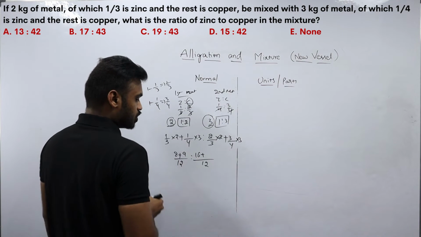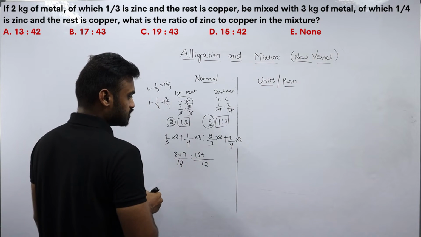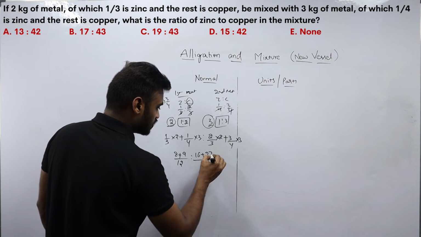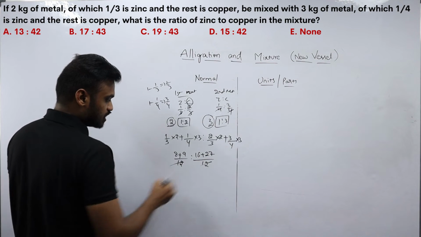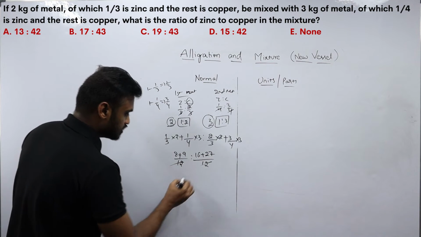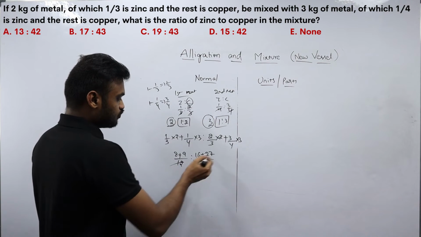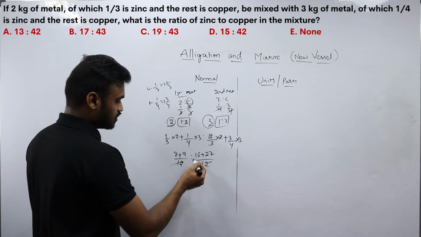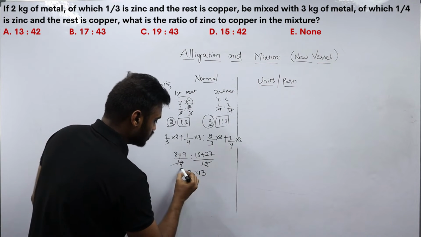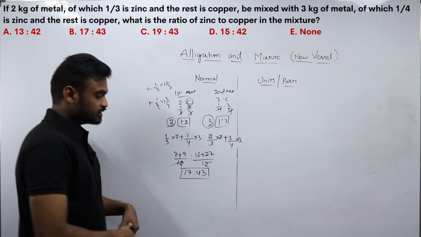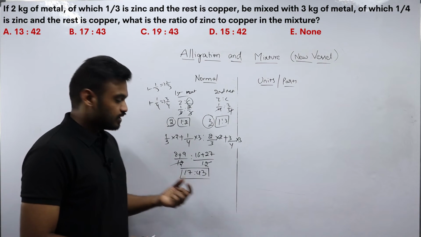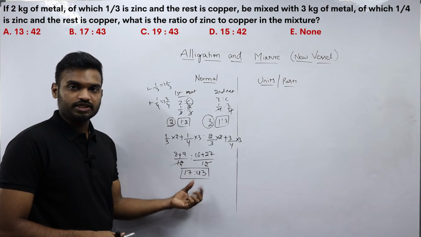Plus 3/4 into 12 multiplied by 3: 4 3s are 12 and 3 3s are 9, 9 3s are 27. If I cancel this 12 and 12, I will get 8 plus 9, that is 17, is to 16 plus 27, that is 43. So the final ratio will be 17:43. The final ratio of zinc to copper is 17:43.